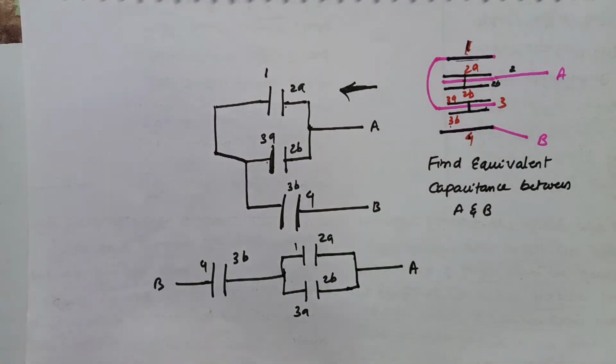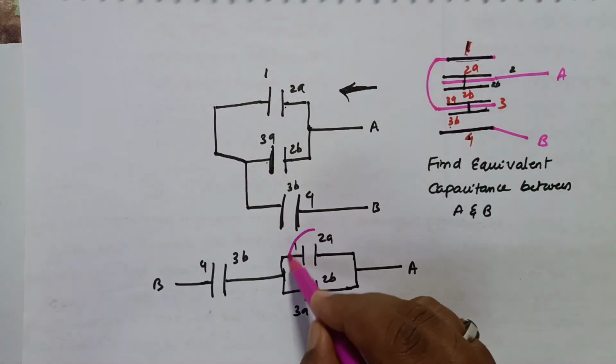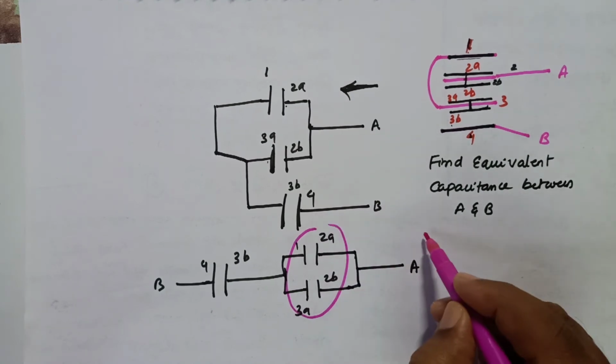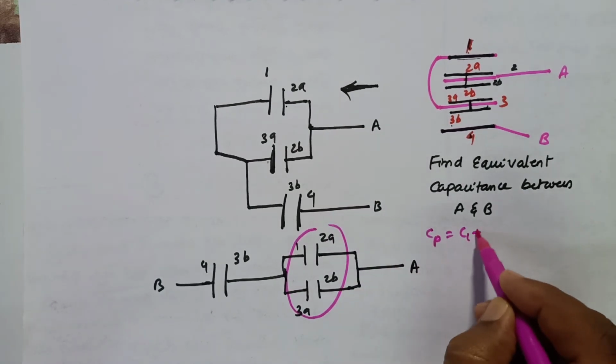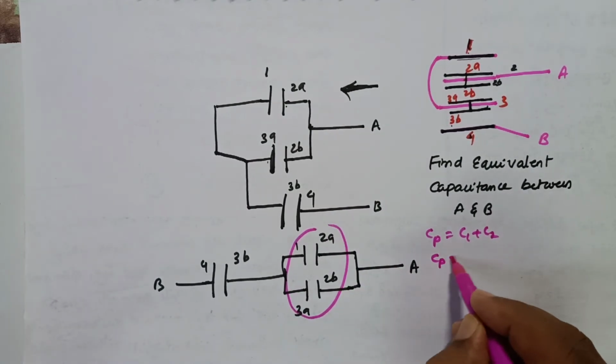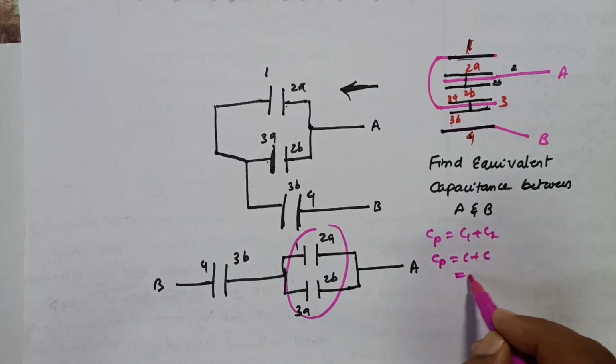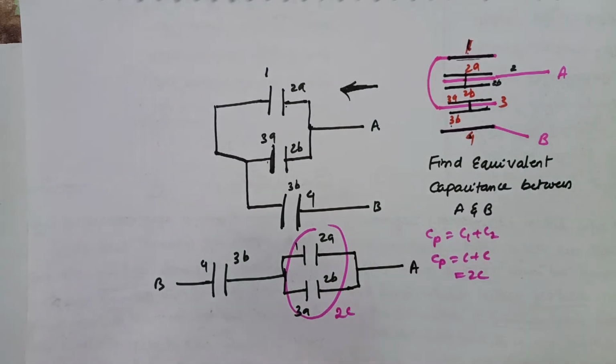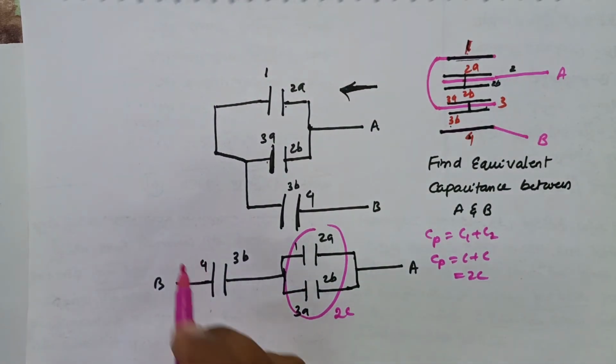you just see here what is going to happen. This part of the circuit is a parallel connection. You know C parallel is C1 plus C2. So C parallel will become C plus C, which is equal to 2C. So this is completely 2C now. I am drawing the diagram separately here.